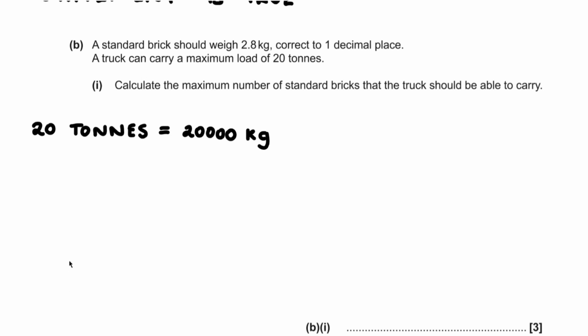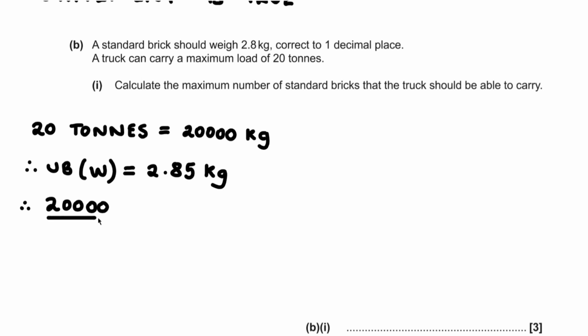Now we've got this weight being 2.8 kilograms to 1 decimal place. Now I need to calculate the maximum number, so what I need is the upper bound of the weight. So that's equal to 2.85 kilograms.